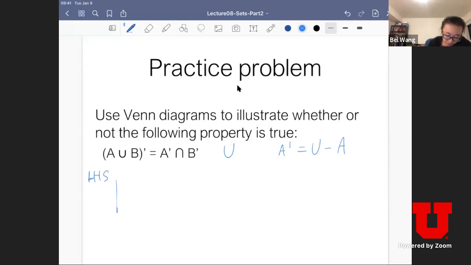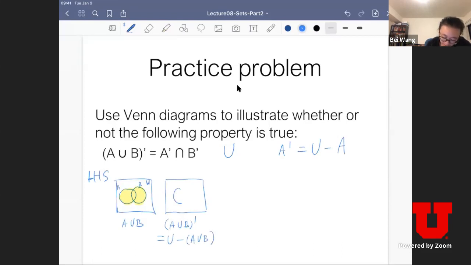But first of all, I'm going to do A union B. So if this is A, this is B. Oh, A, B. So A union B is going to be the yellow part. Okay. And I'm going to take the complement, which is everything outside of this part. So A union B complement is actually U minus A union B. So it's everything outside.